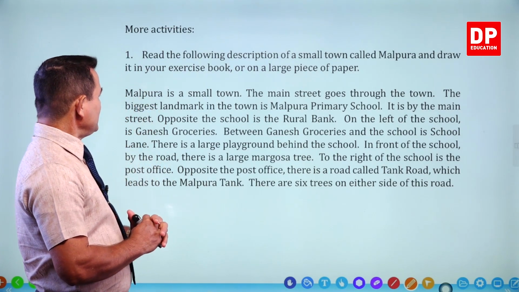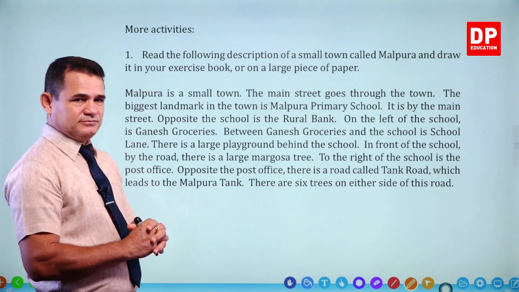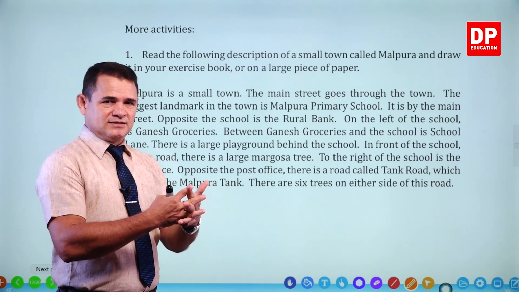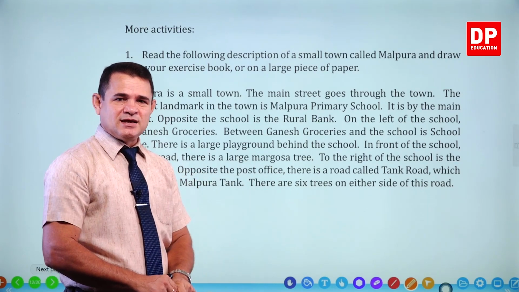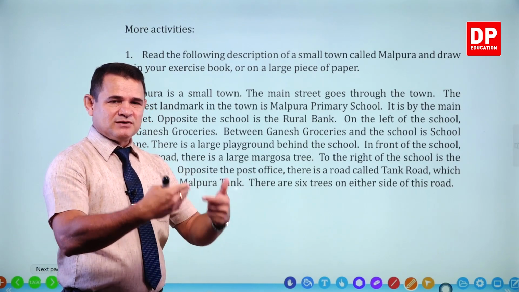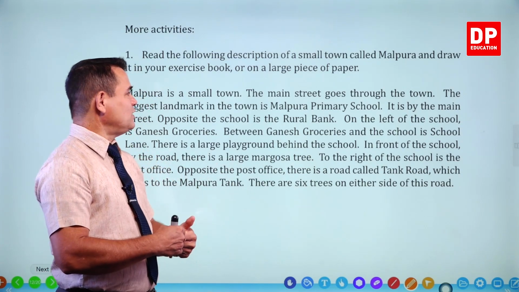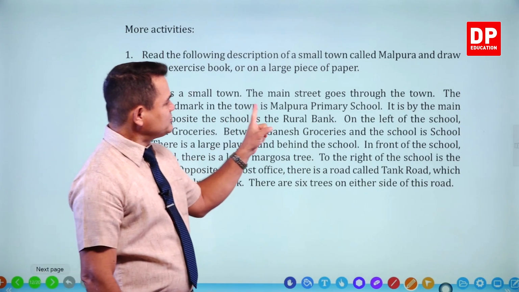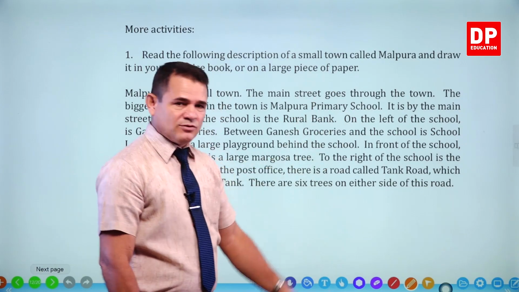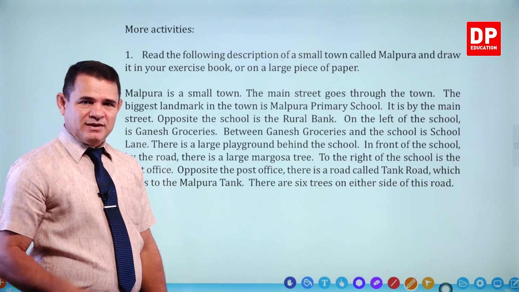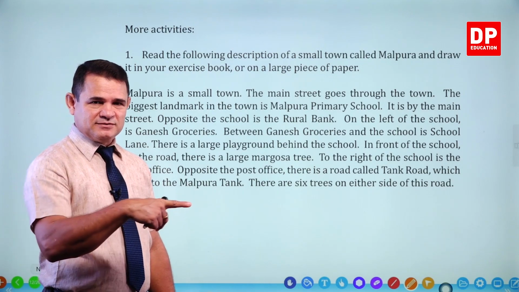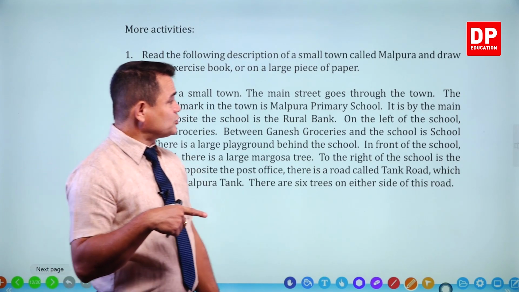Right? Malpura is a small town. You just take a sheet of paper, කොලයක් ගන්න. ඒ කොලේ ඔන්න ඔයා මේ නගරය අඳින්න යන්නේ. So now paper is the town. It's a small town. The main street goes through the town. The main street, ප්‍රධාන වීදිය, goes through the town.